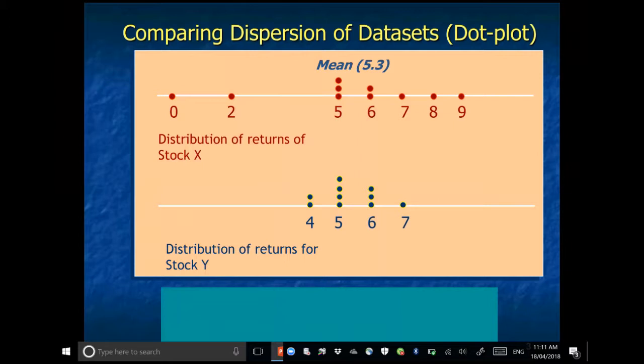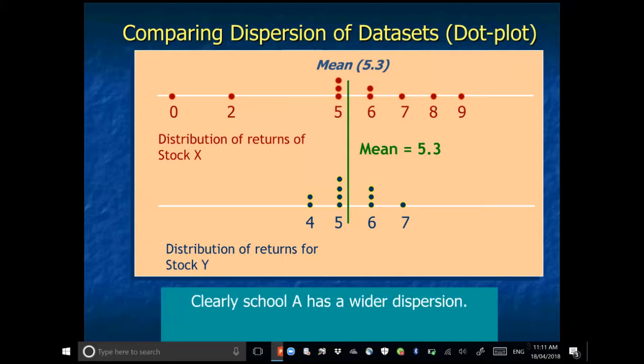And as you can see, there's quite a bit of dispersion of returns from the mean return of 5.3% in both cases. With stock X, you can see the returns can actually vary between 0% and 9%, whereas for stock Y, they vary between only 4% and 7%. Okay, so obviously it looks like the dispersion is quite different.